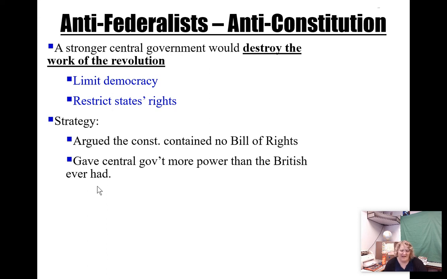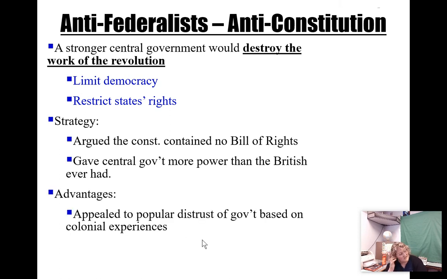Anyway, I have trouble believing that one, just because the British government is coming from a place of monarchy, and so it kind of has a different birth. But I also have the benefit of hindsight. These people did not.